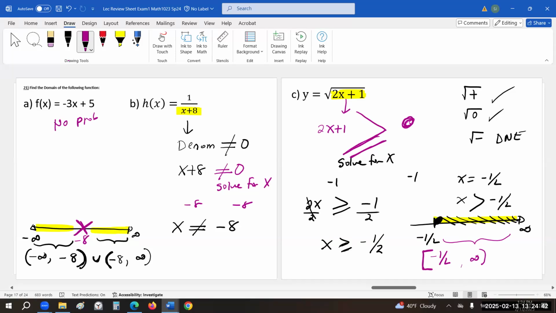If your function doesn't have any problem, that means you can substitute x with any number. So what is the domain in this case? -infinity to +infinity. So anytime you're confused, start with something that has a problem and then go back and see the one you had before, does it have a problem like this? If they don't, the result is infinity.